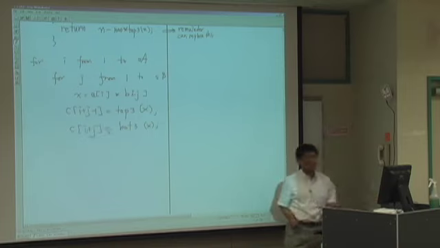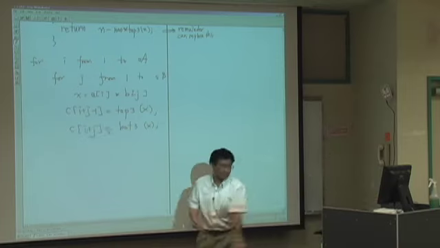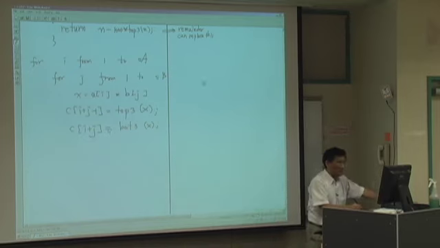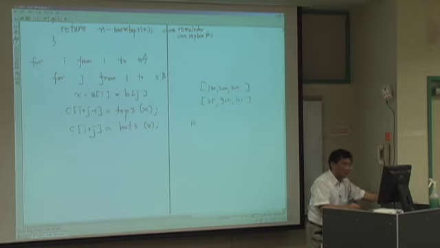So this is what I do. So for instance, if I multiply 1, 200, 300, and then 25, 900, 100, then what I do is this one. This is A, and this is B, this is C.